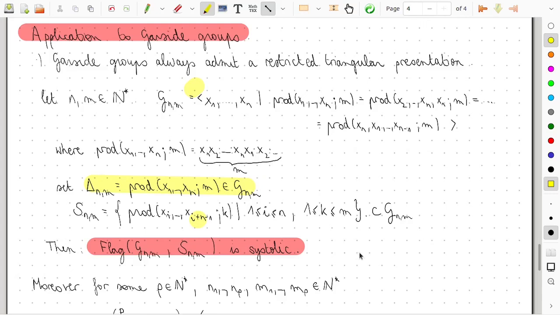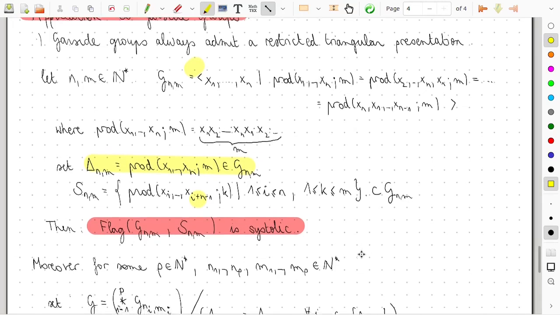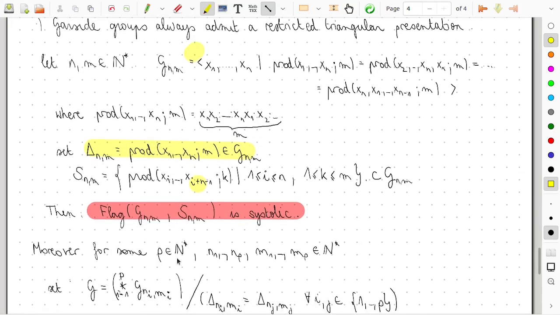We can also do this for a slightly larger class of examples. We can pick a positive integer p and construct p such groups G_{n,m}. We then consider the group G, which is the free product of all those G_{n,m}'s, but I then identify the deltas from the different groups.